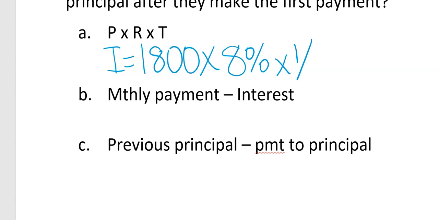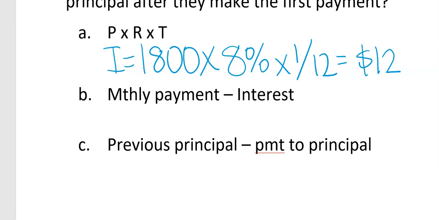They are making a 1-month payment. The interest is $12. The monthly payment minus the interest would be how much goes to principal.